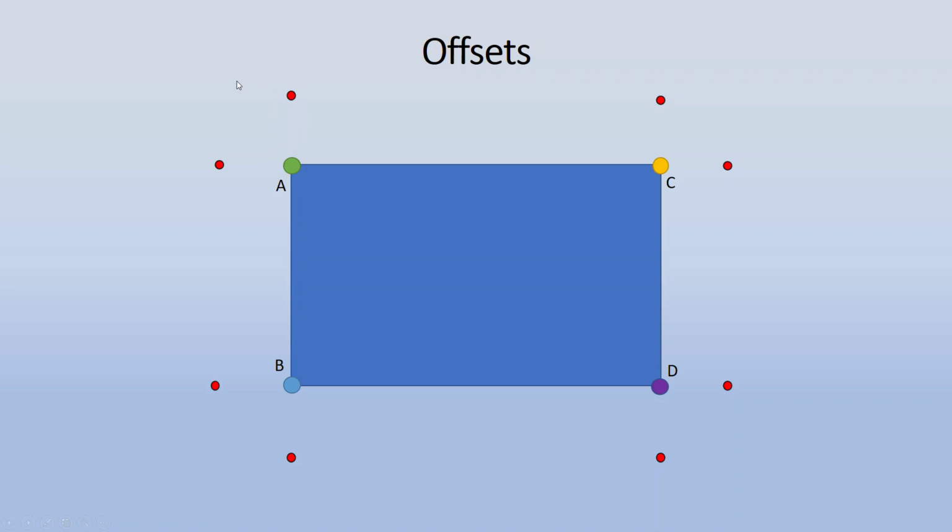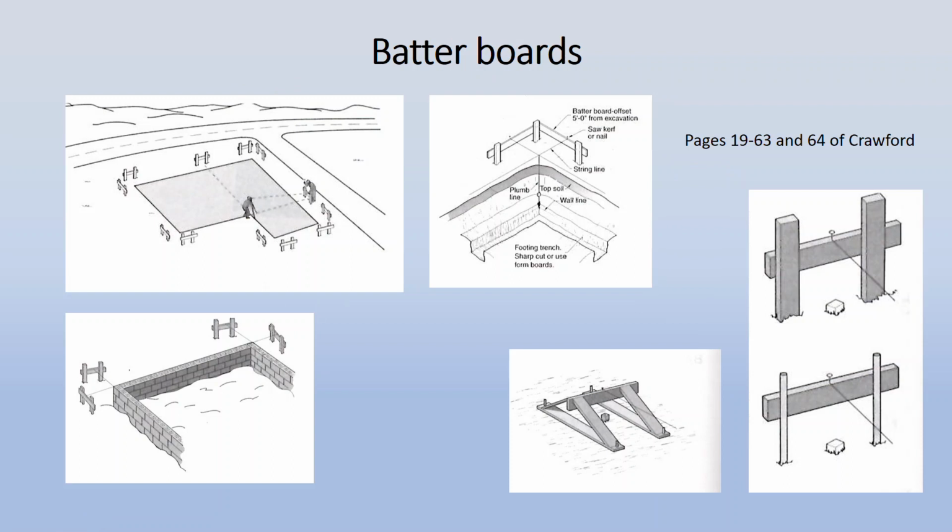And from those offset points, you can then connect extensions which create those wall lines or those design feature lines for the contractor. That's done typically by the contractor with batter boards.